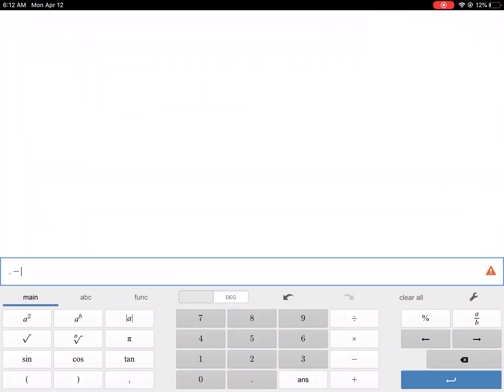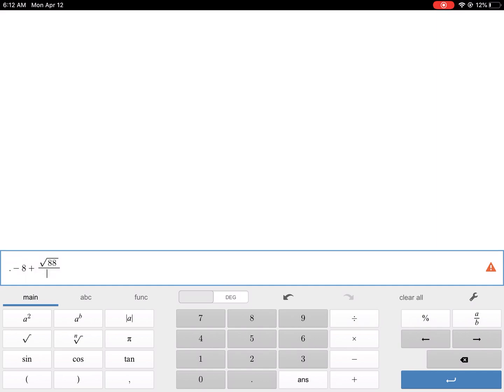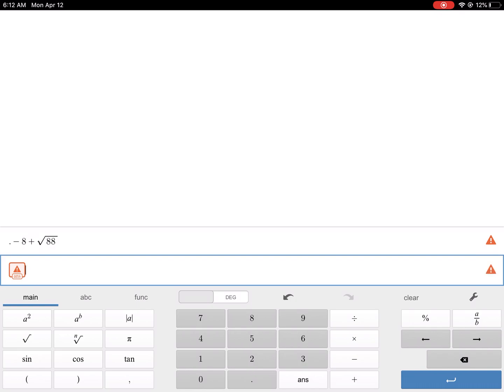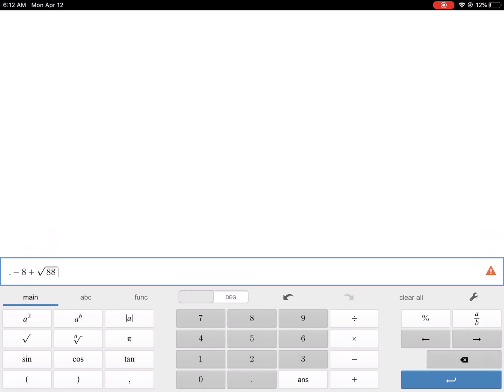So go negative 8 plus the square root of 88, and I'll divide that whole answer. Whoops. And then I'll take that answer and I'll divide it by 12. What the heck's going on there? Try that again.